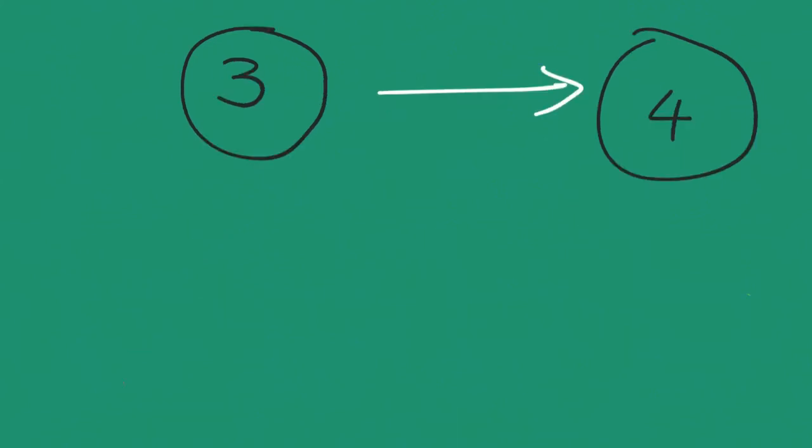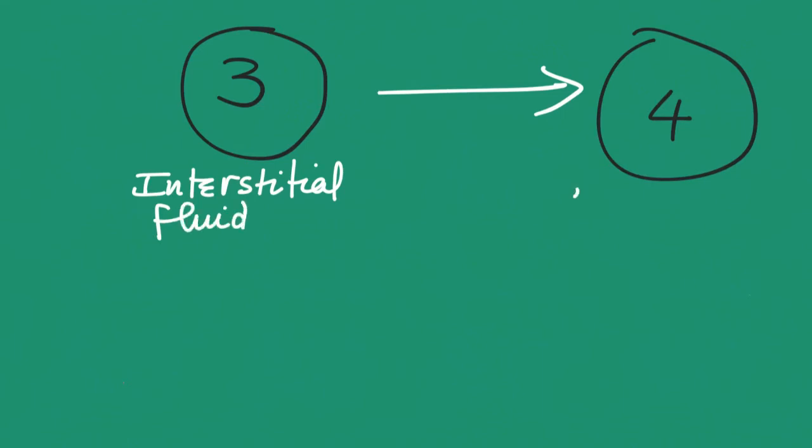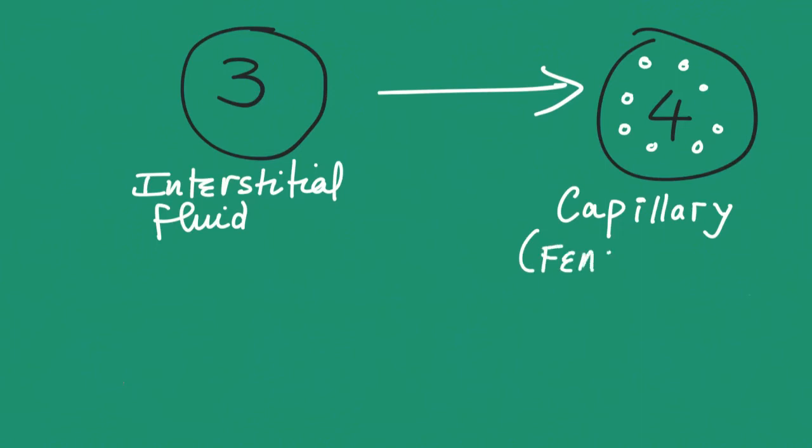Now the molecules that are in the interstitial fluid must enter the capillary. We must remember now that the capillaries in the kidneys are fenestrated capillaries, which means that they have holes in them. This allows the molecules that are in the interstitial fluid to enter fairly easily and quickly into the capillary.